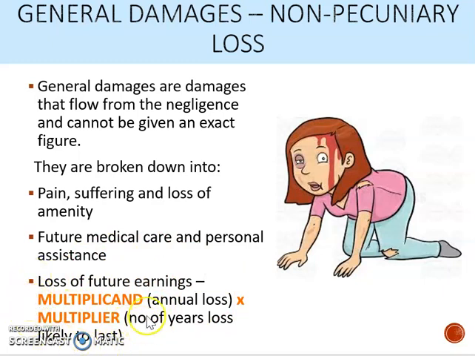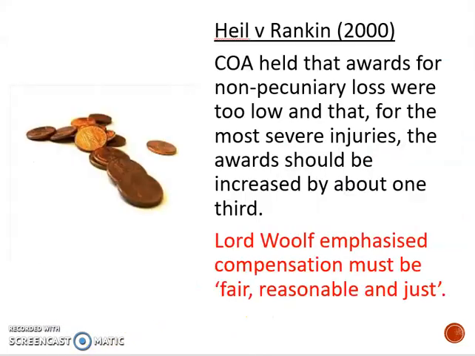So they take the multiplicand, which is the annual loss, and the multiplier, which is the number of years that the loss is likely to last. And this can help them to calculate a loss of future earnings. So if the person can no longer work as a result of the tort, the courts can calculate damages that they can give for that.